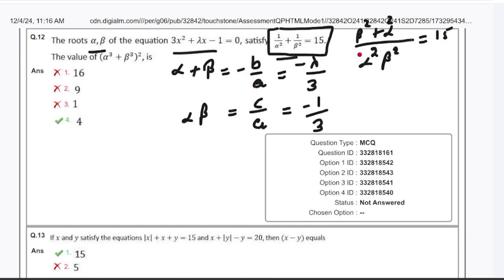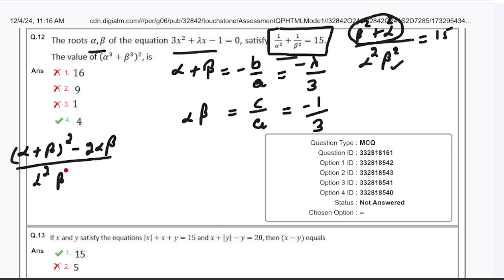Now, to solve it further, we have alpha plus beta whole square minus 2 alpha beta, which is equal to alpha square plus beta square divided by alpha square beta square, that is equal to 15.